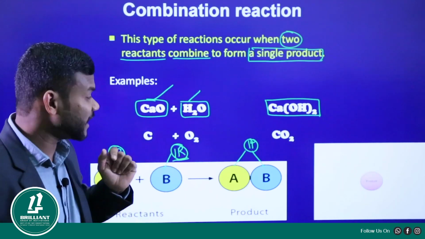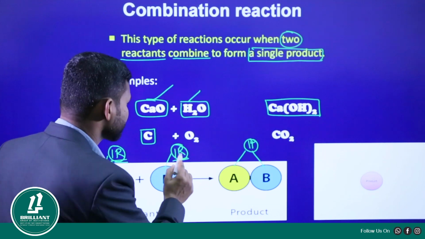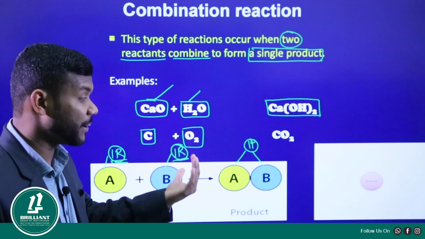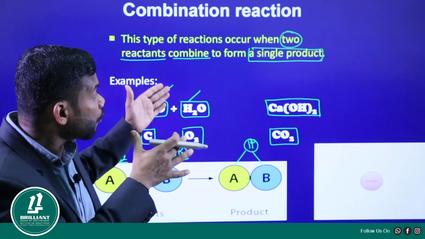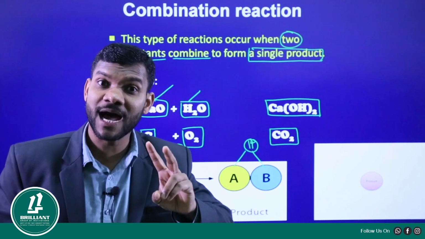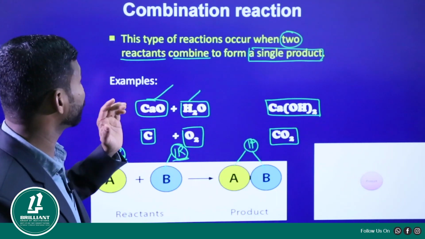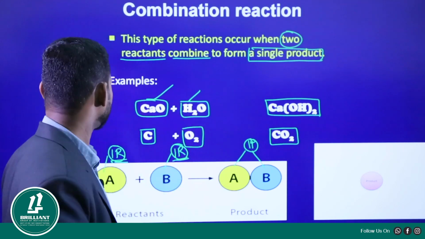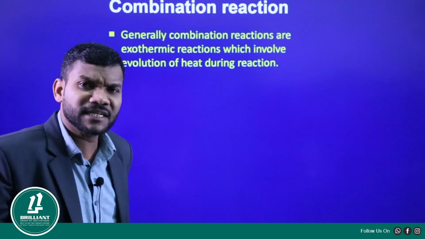In the same way, in the second example, carbon is a single reactant and oxygen is another reactant. These two combine to form a single product, carbon dioxide. In both examples, two reactants combine to form a single product. This type of reaction is called a combination reaction.